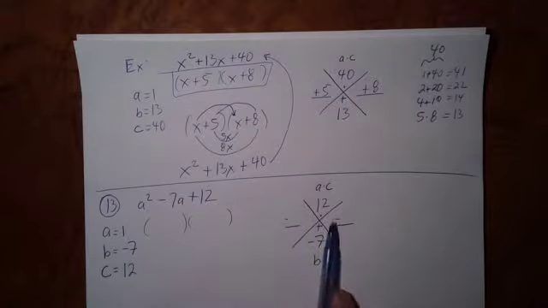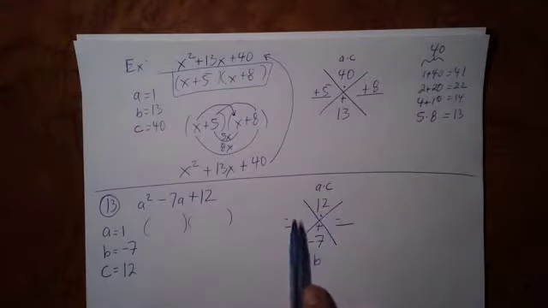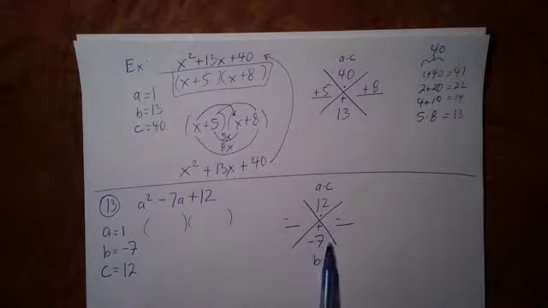So a negative times a negative is going to be positive, and then when we add two negatives together, we should come up with a negative number. So we need two numbers that multiply to a positive 12, but that add to a negative 7. Since we're adding two negatives together, it's very similar to adding two positives, only the numbers are negative.